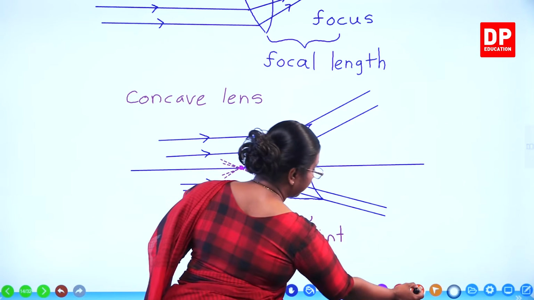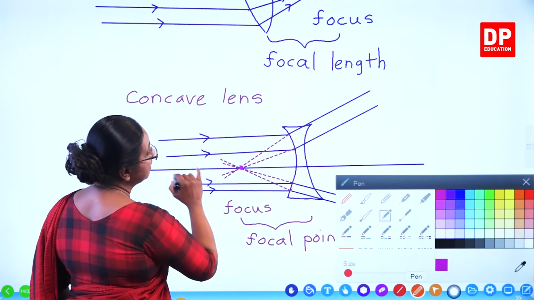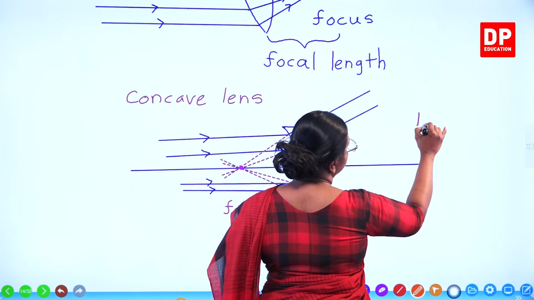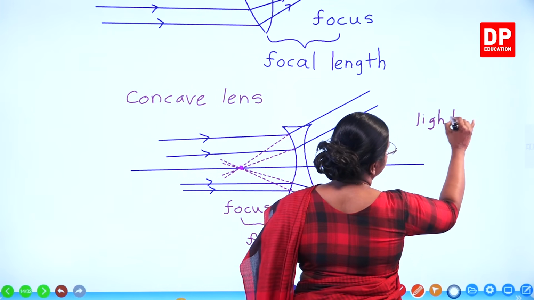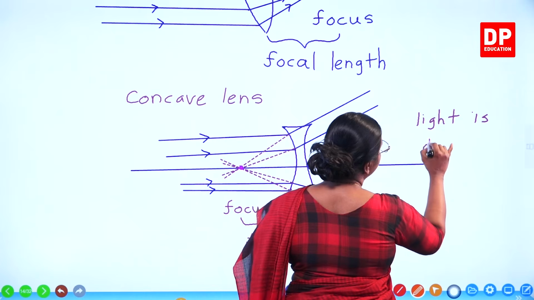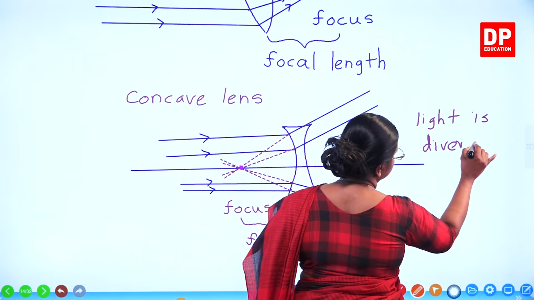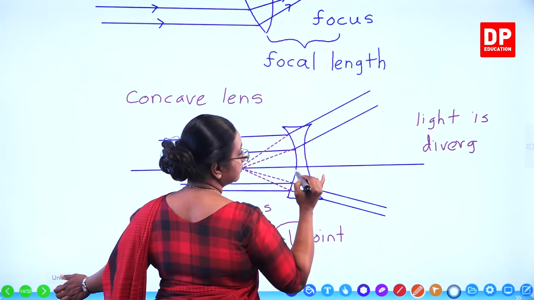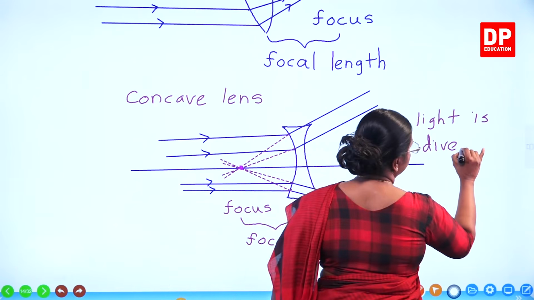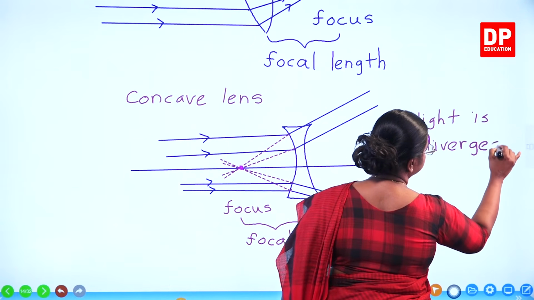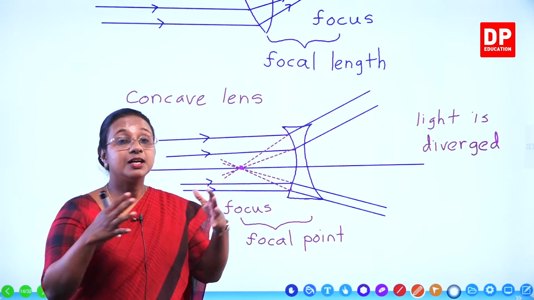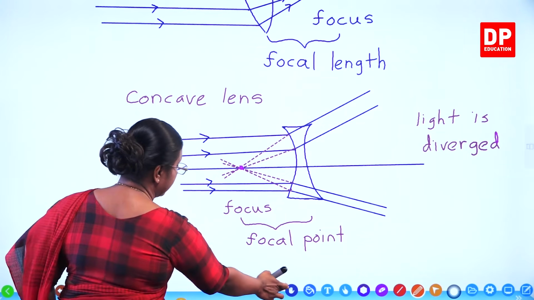So here what happens is, the beam of light is diverged. So a convex lens converges the parallel beam of light.